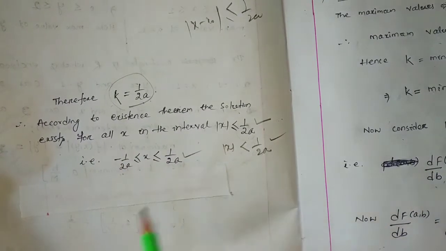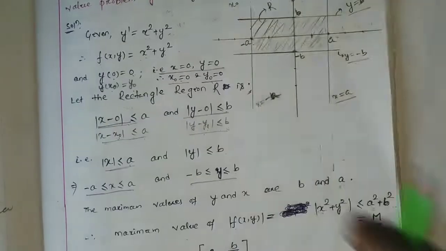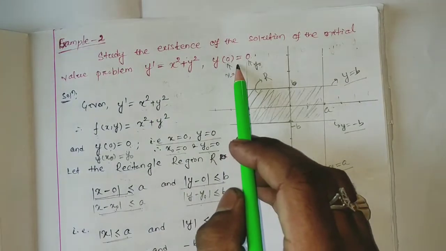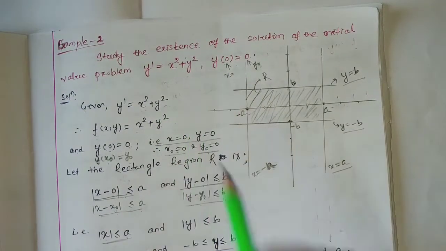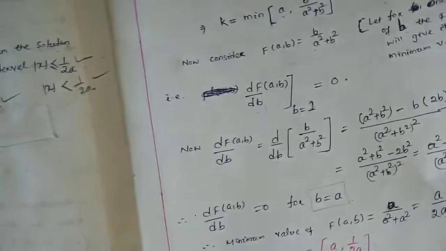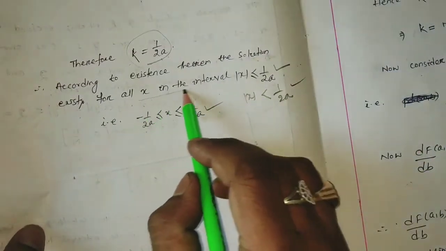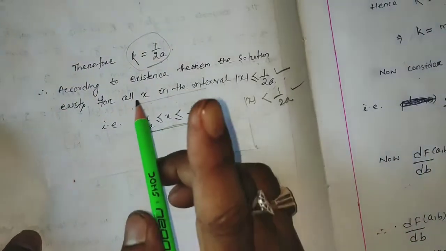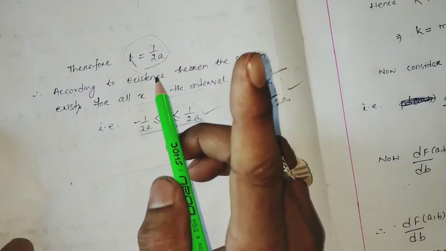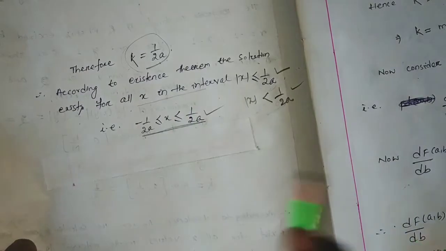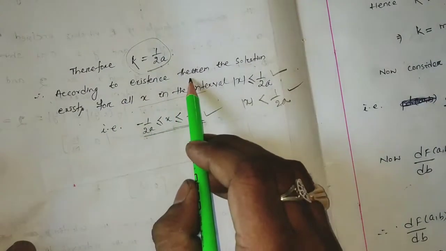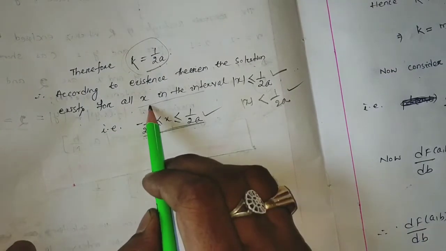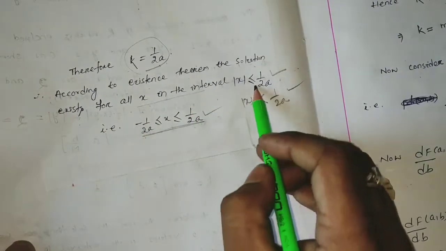So from this problem we concluded that this is an initial value problem. For this initial value problem, for all values of x in the interval, at least one solution exists according to the existence theorem, in the interval mod of x less than or equal to 1 by 2a.